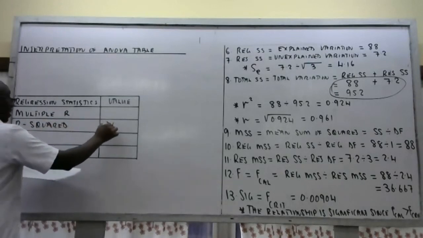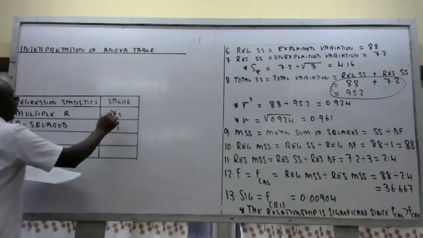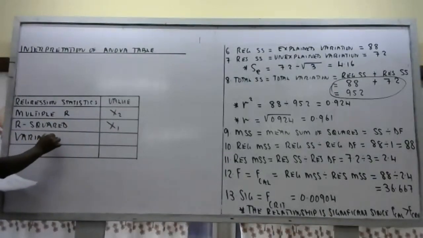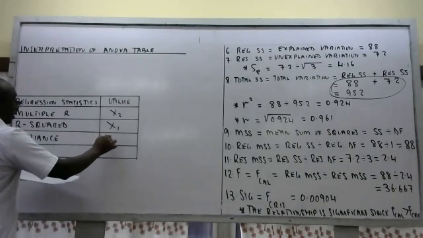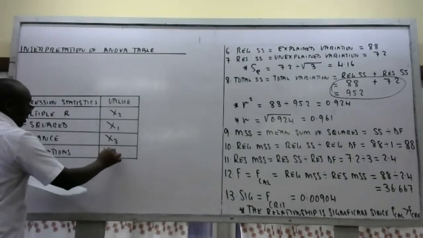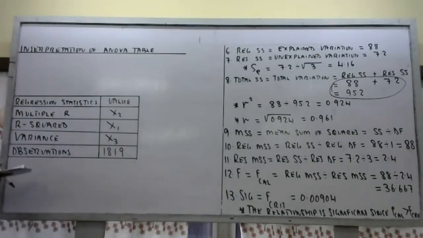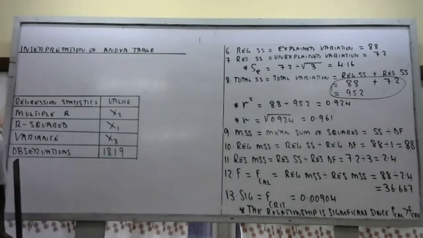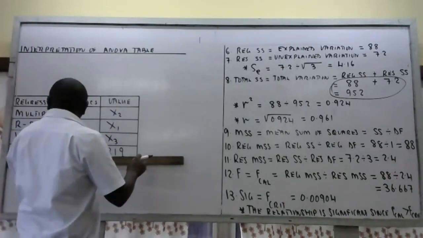R squared is x1. This is x2. Variance is x3. Observations are the other word for the sample size. They are 18, 19. Bring them together.